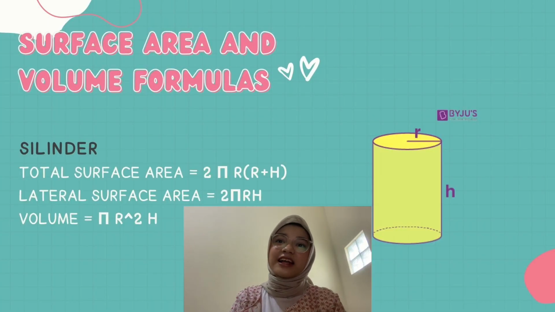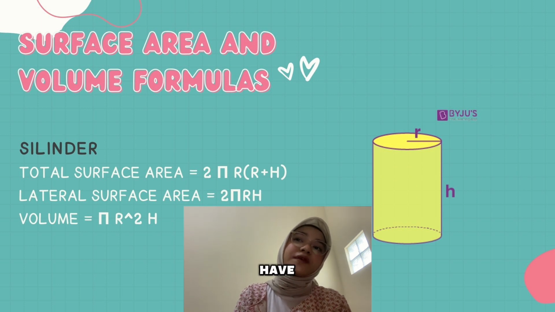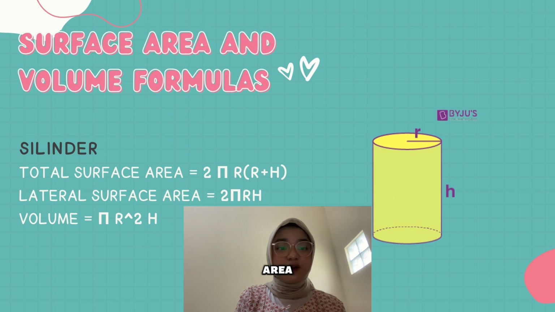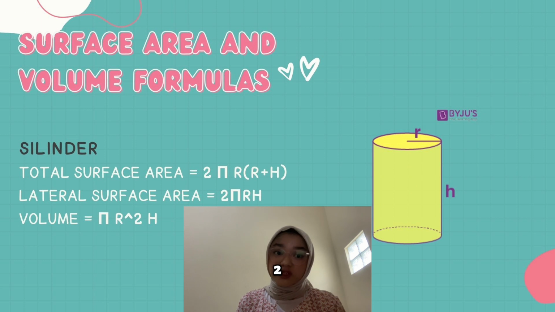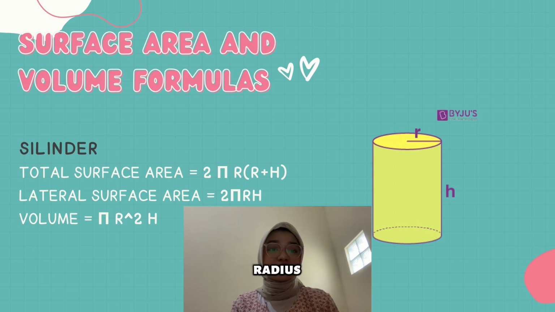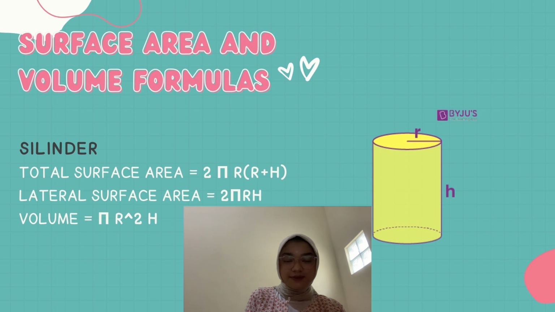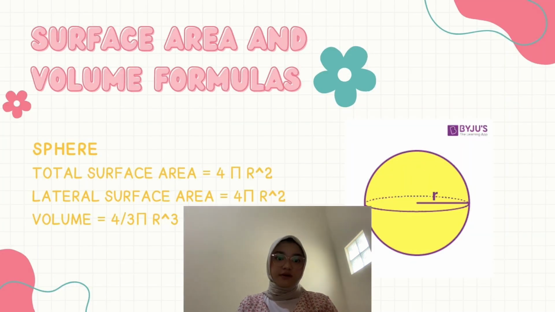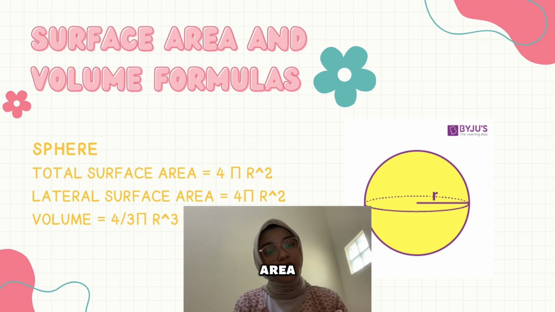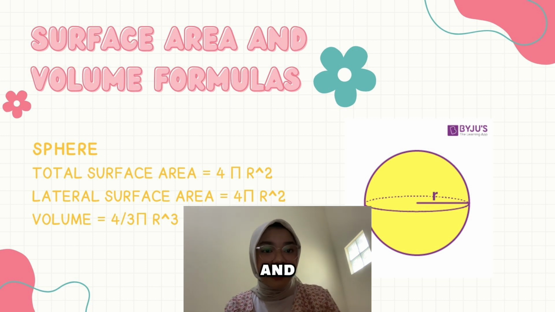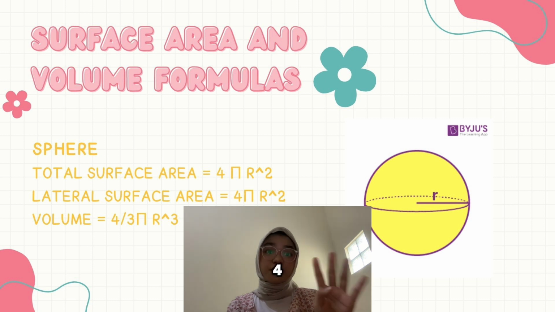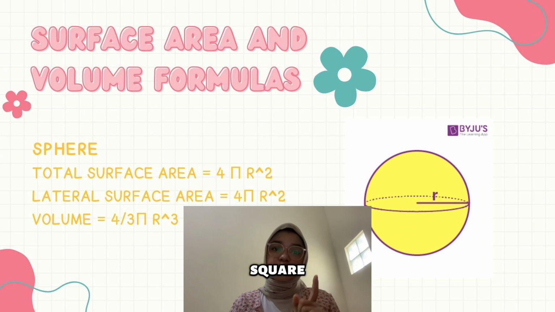Okay, next. The name is cylinder. The cylinder has total surface area 2 times pi times radius, parenthesis R plus H. The lateral surface area is 2 times pi times radius times H. And the volume is pi times radius squared times H. Well, next is the sphere. The sphere has a total surface area 4 times pi times radius squared, and lateral surface area 4 times pi times radius squared.